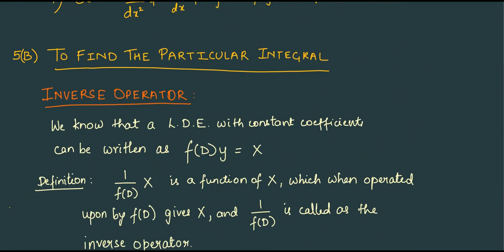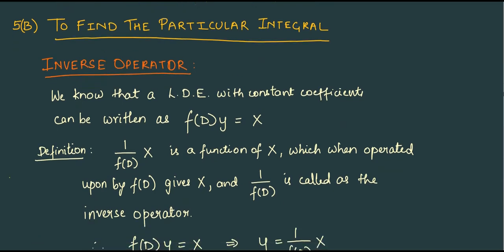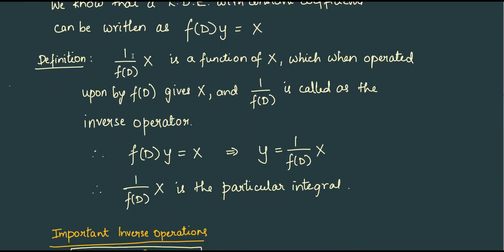First of all, we need to understand this inverse operator. f of D times y is equal to x will give, how to find y, y is 1 by f of D times x.